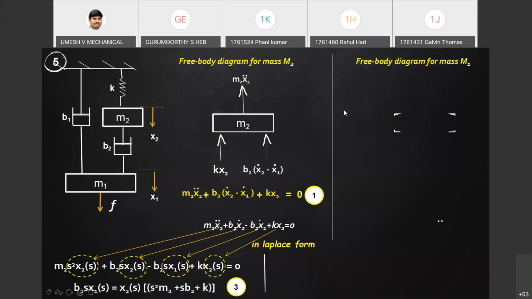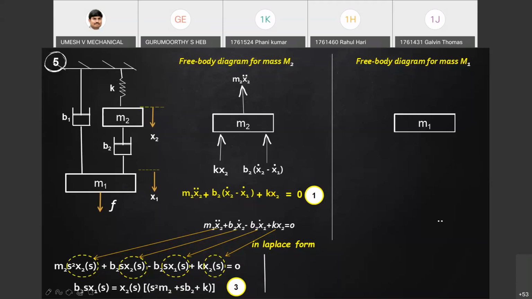Then come to the same dashpot B2, which is between the two masses. Then there is one more force, the dashpot with coefficient B1, with displacement x1, then the mass M1 force, and that is the external force.